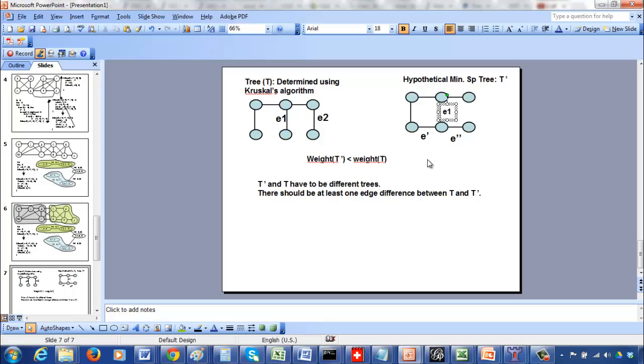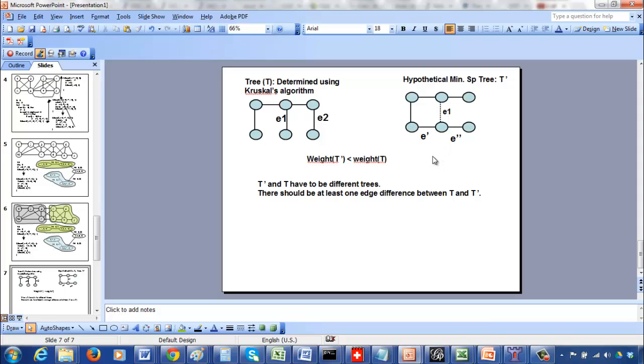If I put it in this T prime, it's going to create a cycle. Now all these four edges that are part of the cycle cannot be in T, because if all these four edges are also in T, then T will have a cycle, but T is a tree, right? So there should be some edge in the cycle that is not in this tree, and we know that this edge is E prime, right?